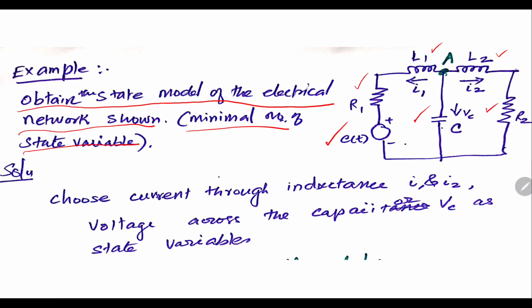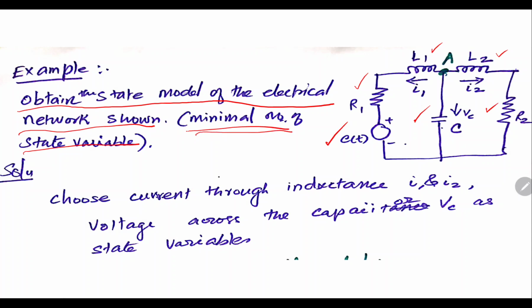In order to find the state model of the system, we need to use both Kirchhoff's voltage law and current law. Before that, we have to define the state variables, and it should be the minimum number of state variables.